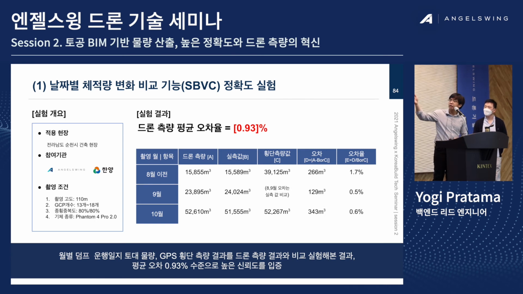And as you can see, the difference between the values that are generated by the drone survey and the actuality is pretty small, and by average we managed to generate an average error of only 0.93% compared to the actual value. 그래서 슬라이드에서 지금 드론 측량으로 저희가 계산했던 부피값과 실측값을 보실 수 있는데요. 이 두 가지 차이를 보시다시피 평균 오차율이 0.93%밖에 안 됐다는 점을 보실 수 있습니다.